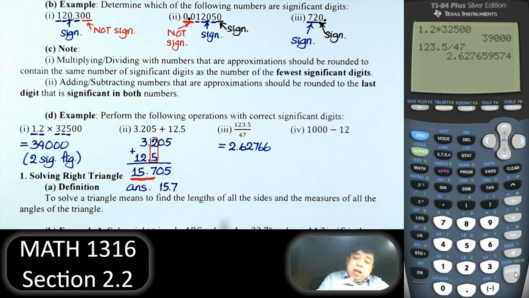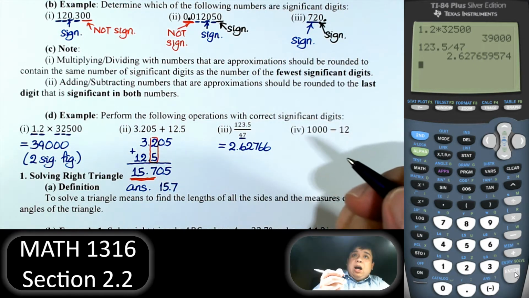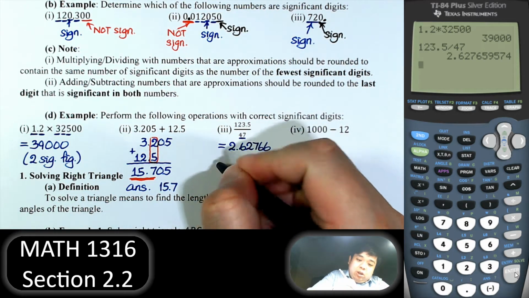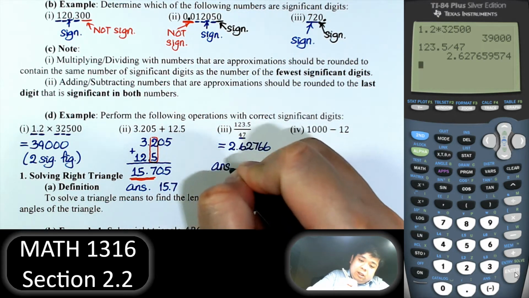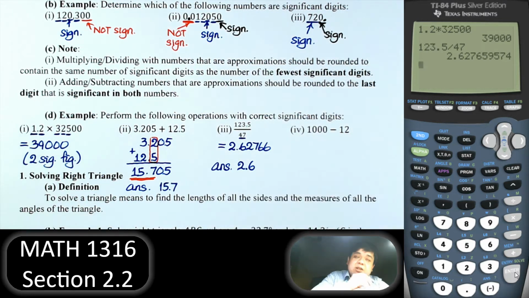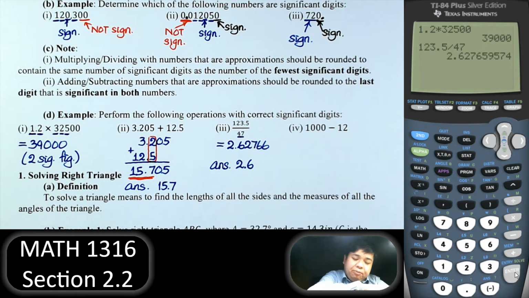But because one of the two numbers has only 2 significant figures, we round the answer to only 2 significant figures. So it's 2.6.